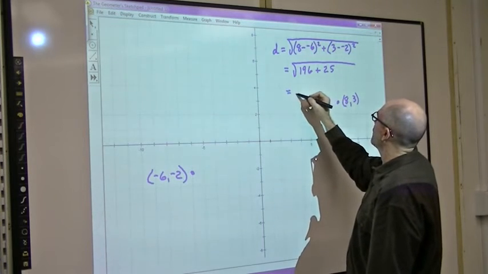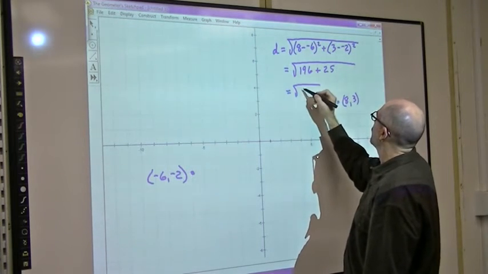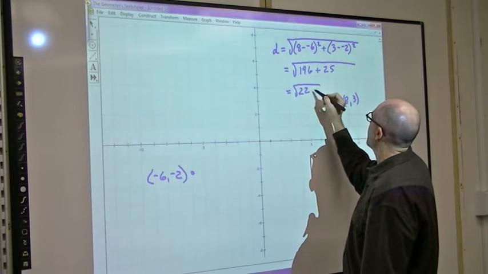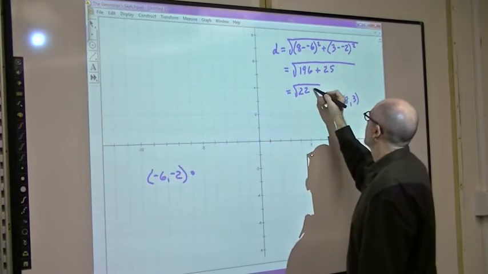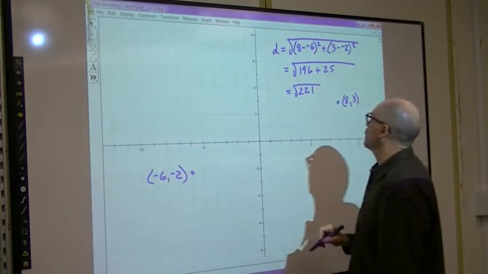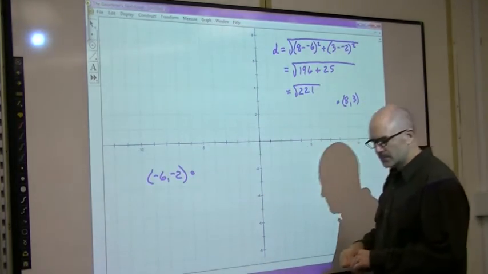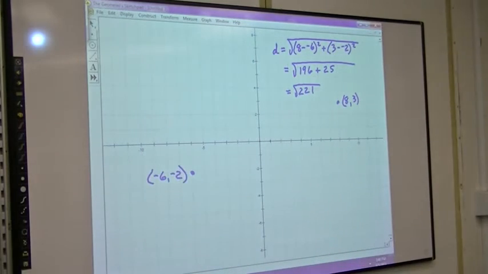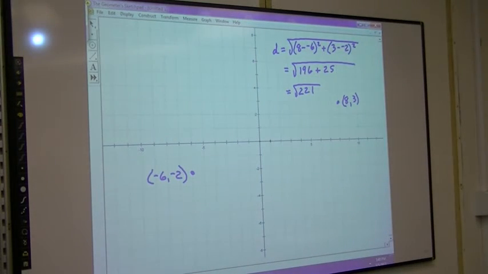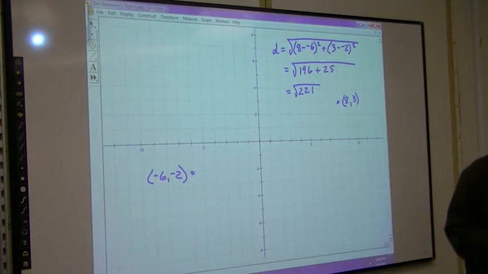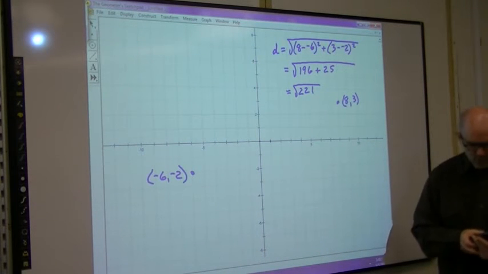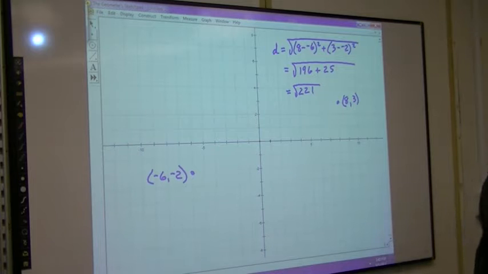So that distance is going to be the square root of 221. If we want a decimal approximation of that, we end up with 14.866.